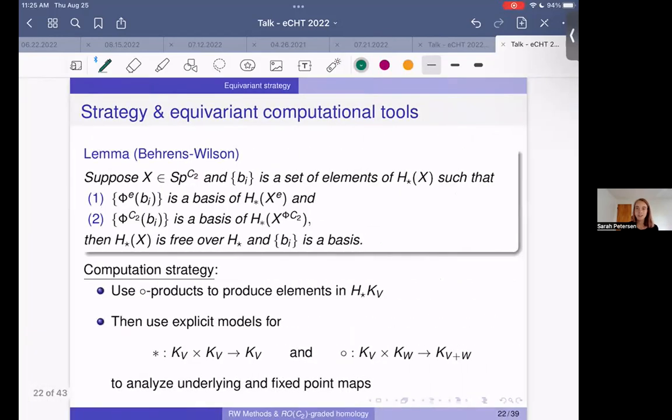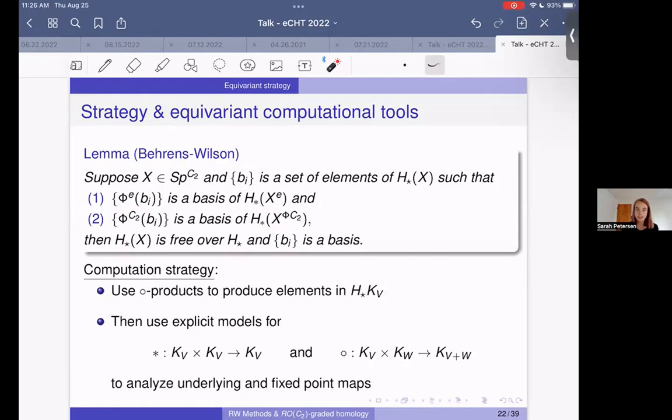So it's useful to use yet another equivariant tool. And this is a lemma due to Behrens and Wilson, which says that suppose we have some C2 spectrum X and some set of elements in the homology of X, such that on the underlying level, they form a basis for the non-equivariant homology of X. And if we take geometric fixed points, we also get a basis for the geometric fixed points of the space X. Then the original RO(C2)-graded homology that we were interested in is free over the homology of a point, and moreover, the elements b_i form a basis.